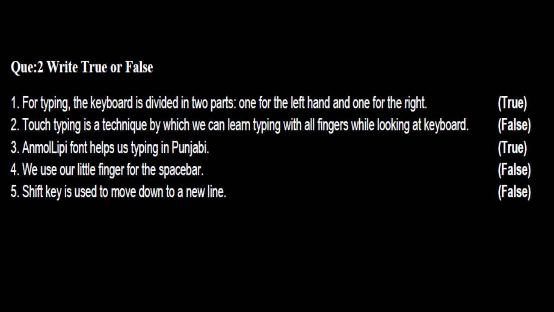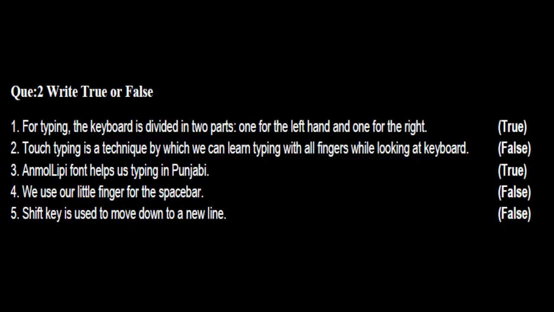Next question, write true or false. There are 5 given statements. We have to choose which is true or which is false. The first: for typing, the keyboard is divided into two parts, left and right, left hand side and right hand side. Yes, true. While typing, we divide the keyboard in two parts, left and right.